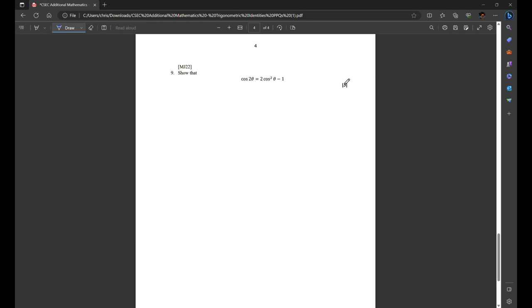Since it's a 3-mark question, CSEC thinks that we know that. So I'm going to just write LHS again, and that LHS is going to be cos squared theta minus sine squared theta.